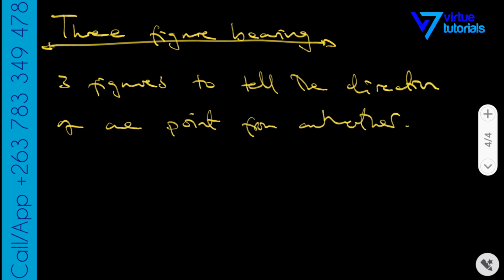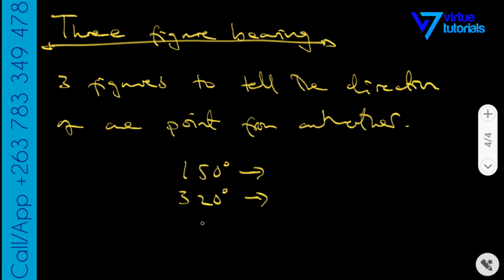So for 3-figure bearings, we're simply using 3 figures, 1, 2, 3, to tell the direction of one point from another. If I have something like 150 degrees or 320 degrees, these are information about the direction of one point from another.